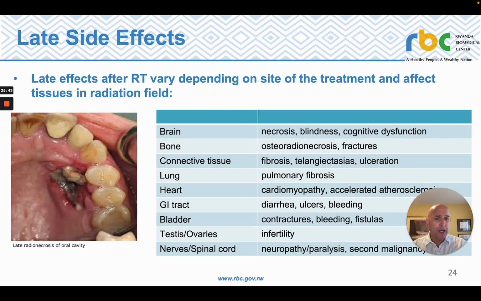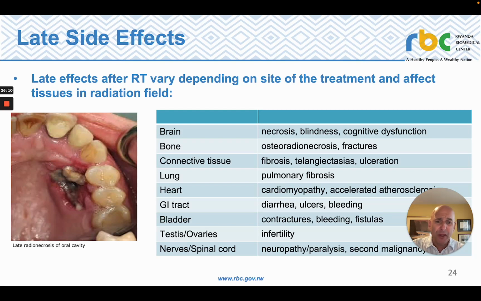When we are treating connective tissue, we can see lots of fibrosis and scarring and sometimes ulceration. When we're treating lung in the field, we can see pulmonary fibrosis that can lead to chronic shortness of breath. GI tract, it can lead to things like chronic diarrhea, bladder bleeding or fistulas. It can lead to infertility, and nerves can lead to things like paralysis.